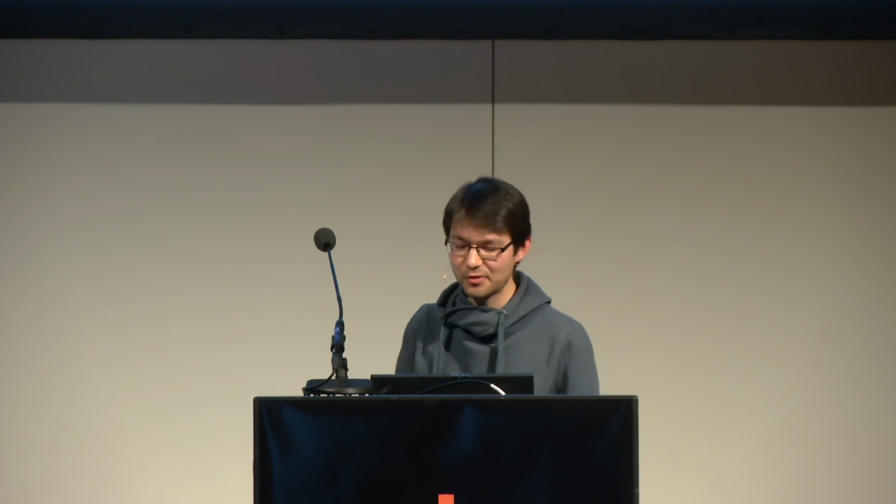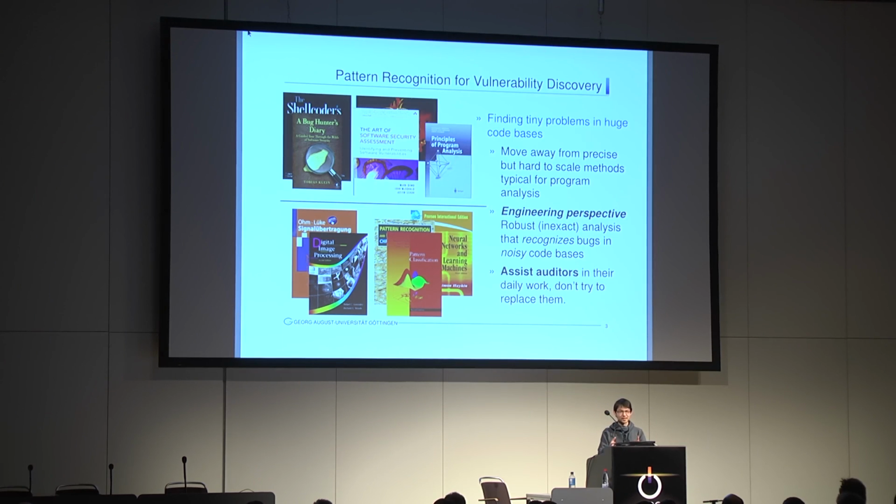The idea now is, can we take the pattern recognition tools down there and build tools to recognize bugs, looking at code similar to the way a person auditing code would look at it, and then do an inexact analysis, but one which scales very well?